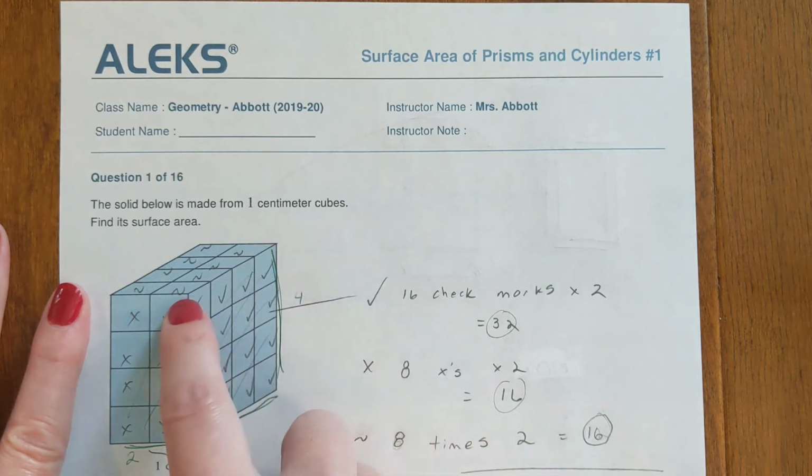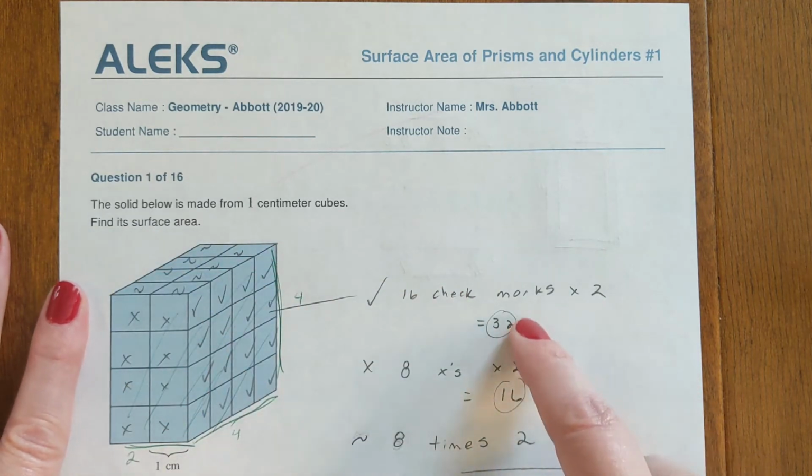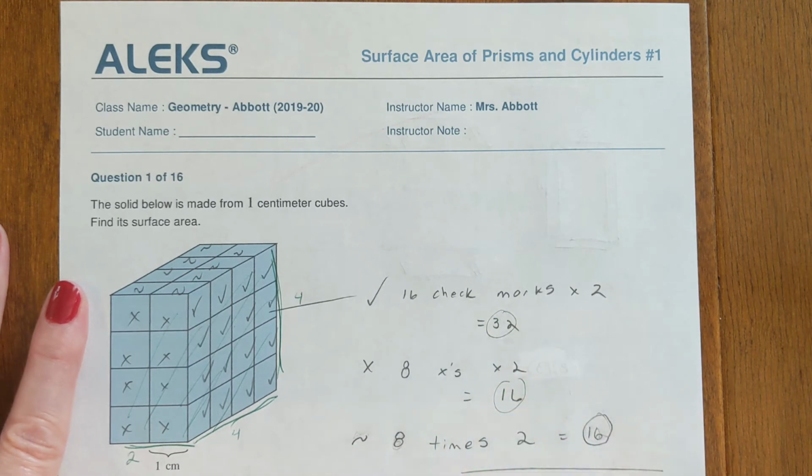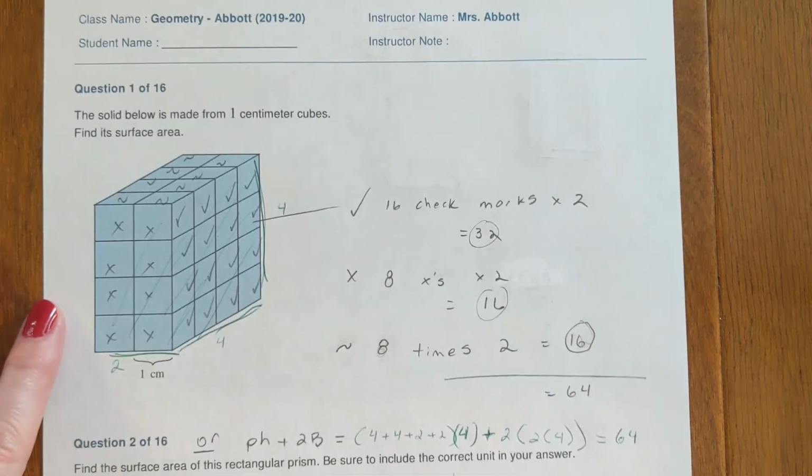And then the top is also 4 by 2 or 8. And again, we got the top and the bottom, which are going to be equal, so that's also by 2. So altogether, we have 32 plus 16 plus 16 or 64 squares there. Each square is 1 by 1 or 1 centimeter squared, so the total surface area is 64 centimeters squared.